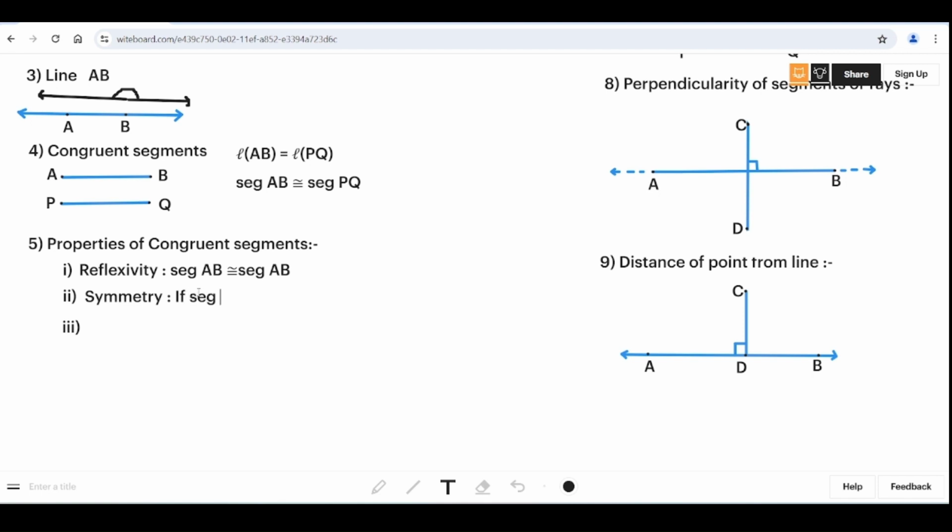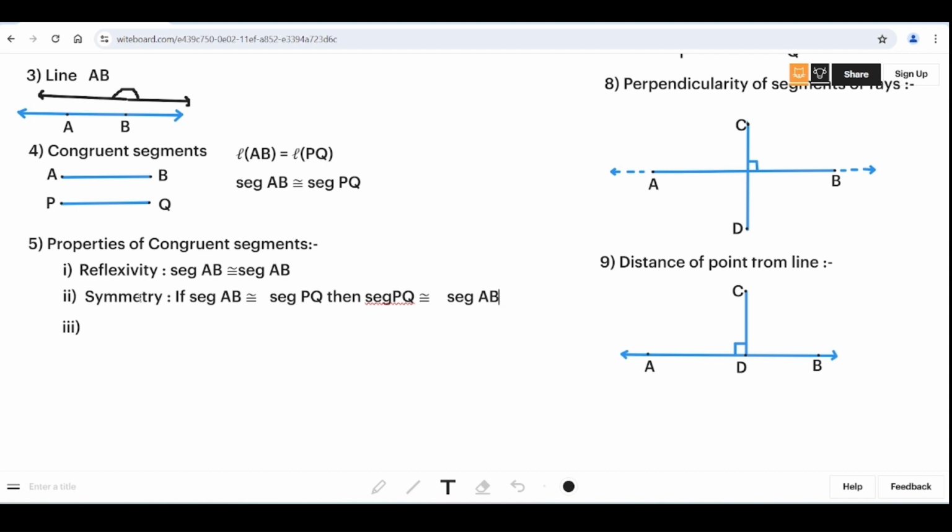Then it is stated that if segment AB is congruent to segment PQ, then segment PQ is congruent to segment AB.